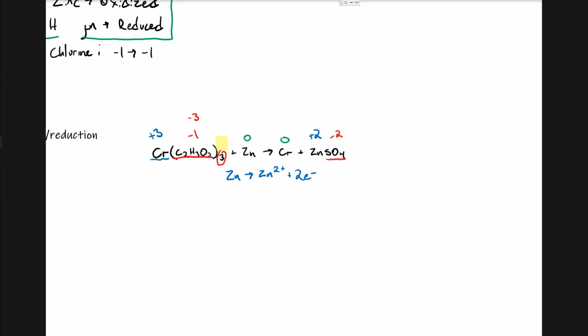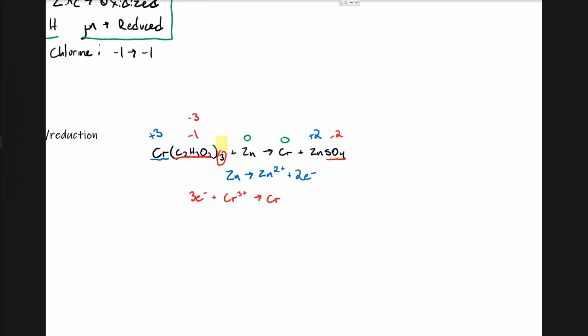And we also know that chromium on the left side had a net charge of +3, but on the right side, it's going to chromium 0. So that means we have to add something on the left side of the equation. We obviously have to add 3 electrons, because if its oxidation state was 3 positive, then it's going to take 3 electrons to bring it to a neutral state.